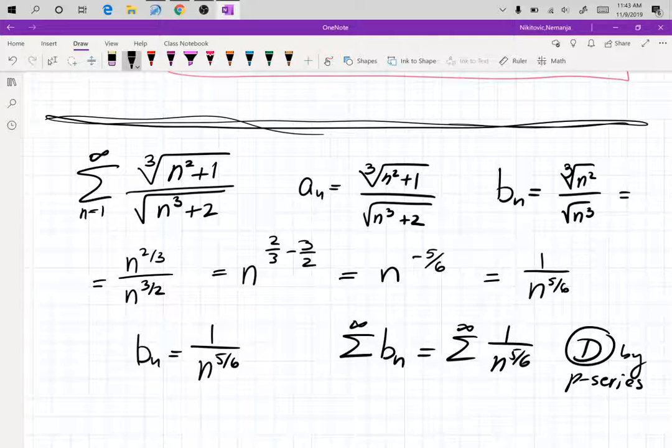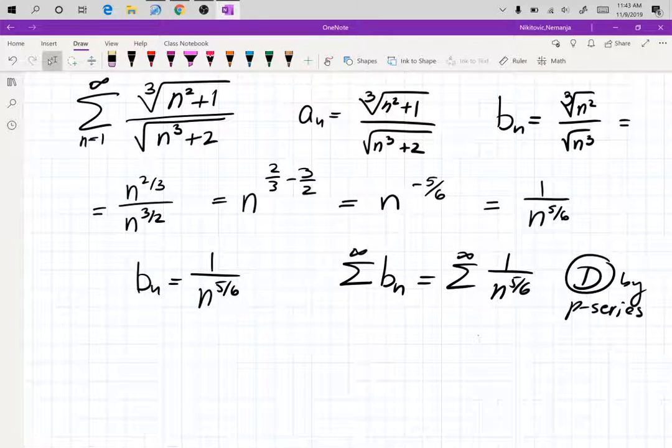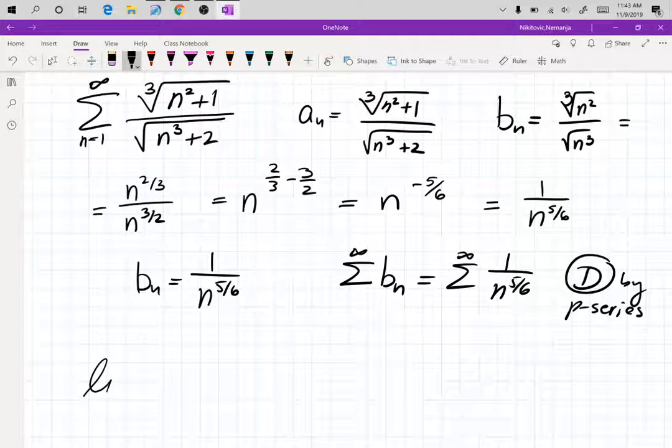So 5 over 6 is smaller than 1, right? Therefore, it's divergent. So now, all we need to do is to run the limit, and we are done. The limit needs to be finite. If that doesn't work out, then we're doomed.